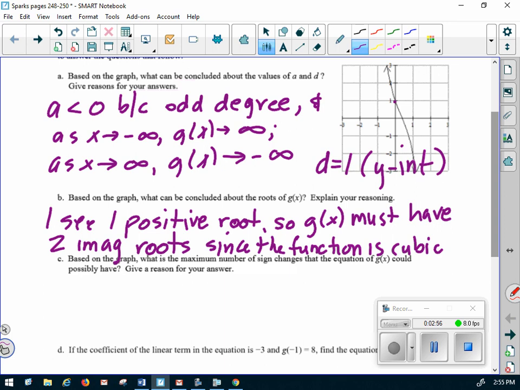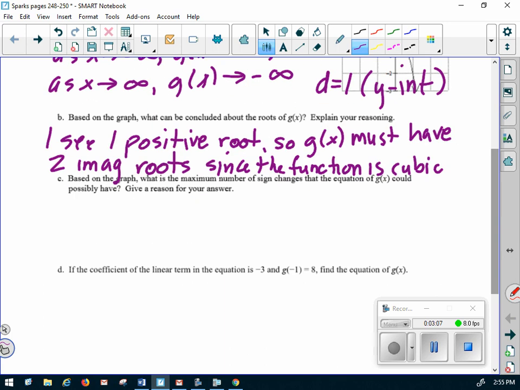All right, based on the graph, what is the maximum number of sign changes that the equation of g of x could possibly have? The number of sign changes of g of x, remember, gives us the maximum number of positive real roots. Well, we see 1. Now let me try to explain this since I can't see your faces.